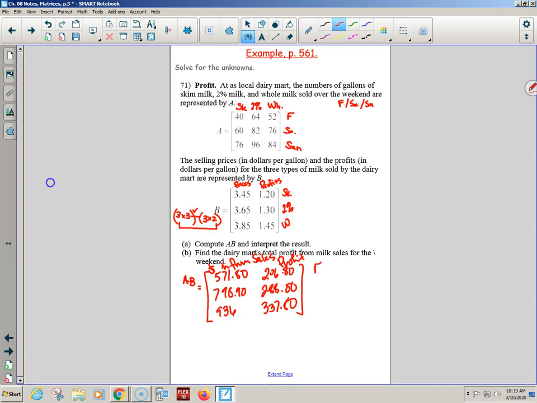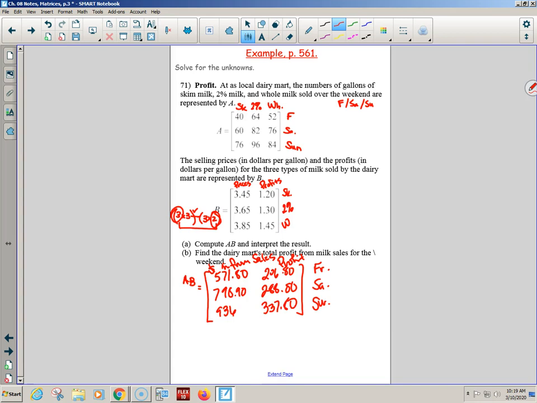On Friday, on Saturday, and on Sunday. Where'd the milk go? That was just used for matching everything up. Can't you also tell what the labels would be? It was 3 days by 2, prices and profits. So what we get out is the 3 days and the 2 prices and profits.